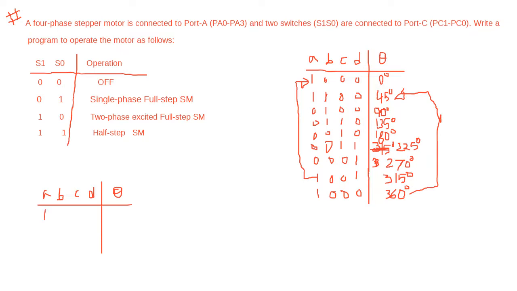If A only, others are 0, it is 0 degree. If B only, all others are 0, then 90 degree.